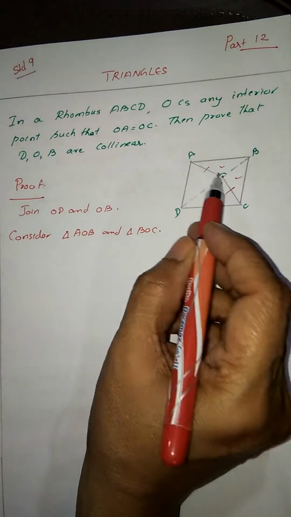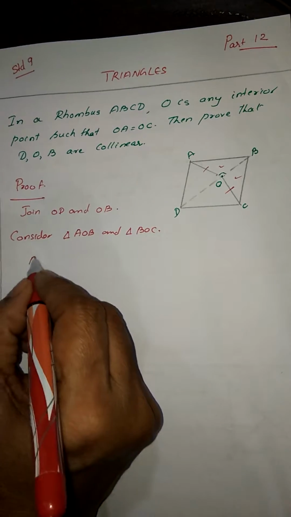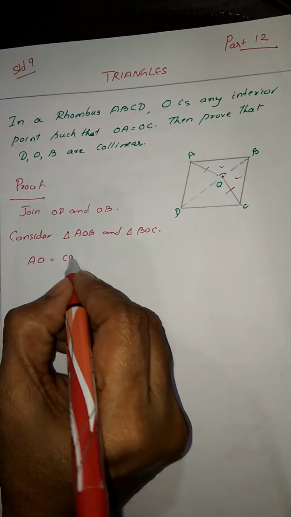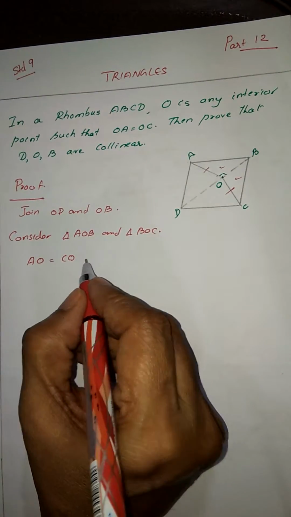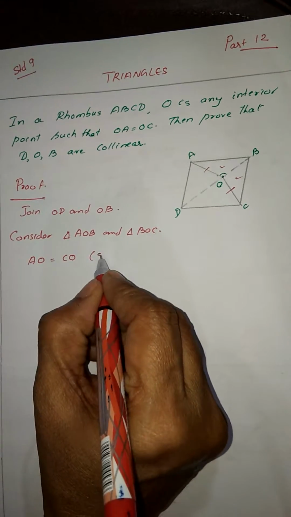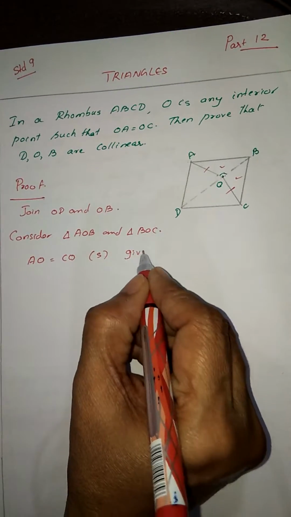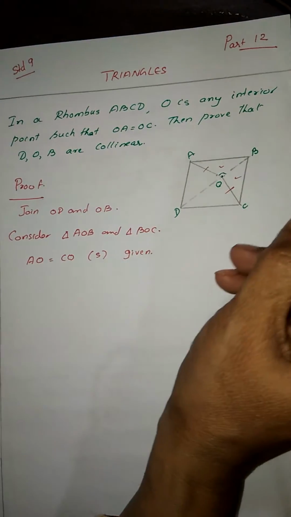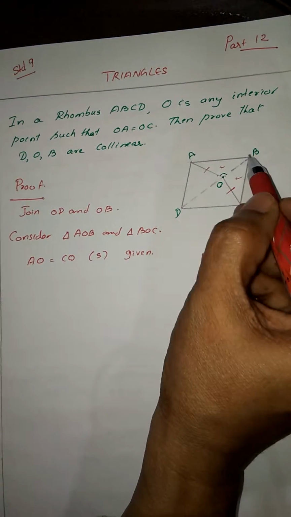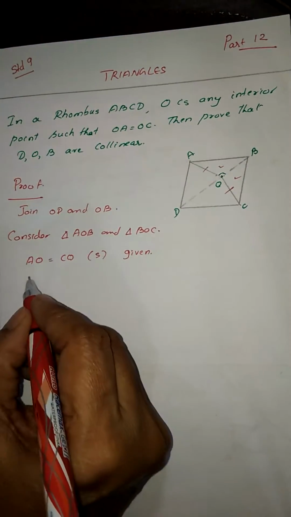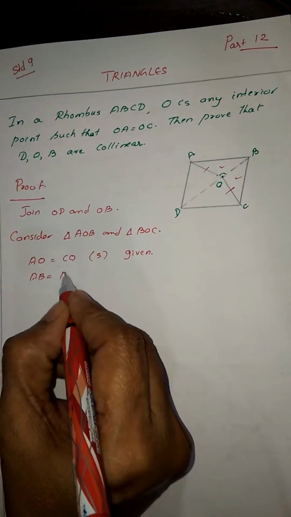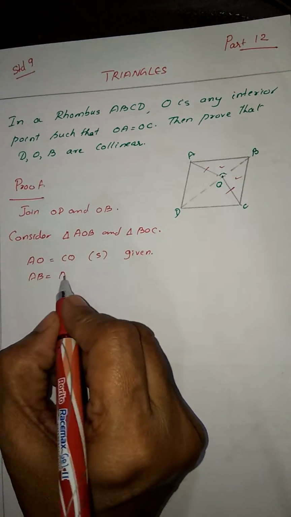In these triangles, AO is equal to CO, given. Now AB is equal to BC because all the sides in a rhombus are equal.